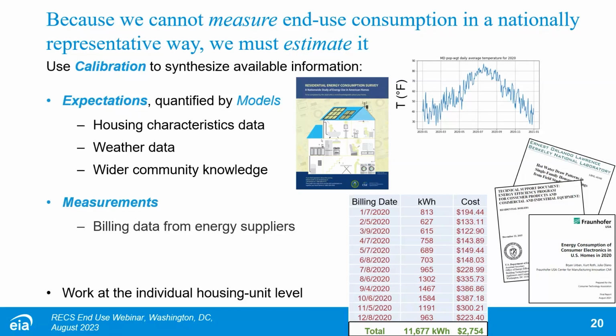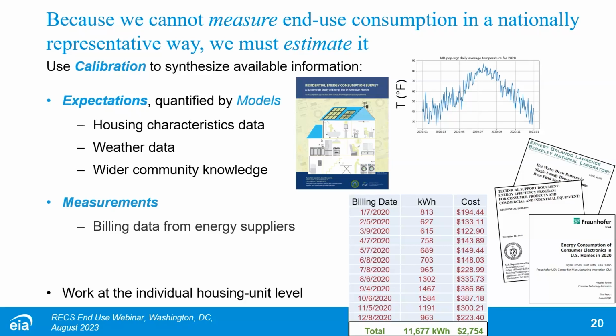So all those papers and studies that people publish and put in the literature, including technical support documents for efficiency standards, are very valuable to us, and it tells us the state of the art, state of the science. So we build our models based on that, but we must tailor our models to use the housing characteristics that we collect in our household survey, and also any weather data that we can attach to homes in our samples. We apply these end-use models to individual homes, and we rely on our survey weights to help us come up with these nationally representative estimates.